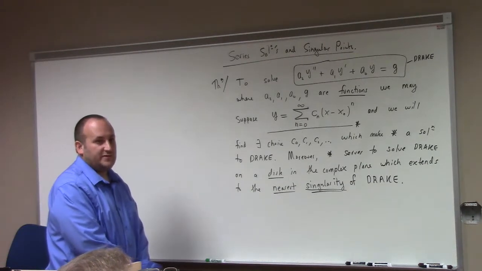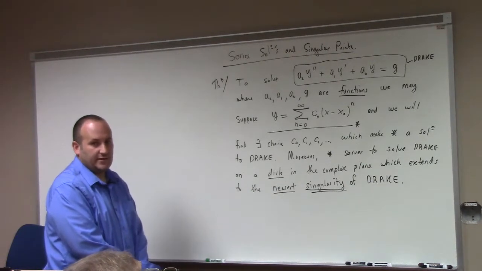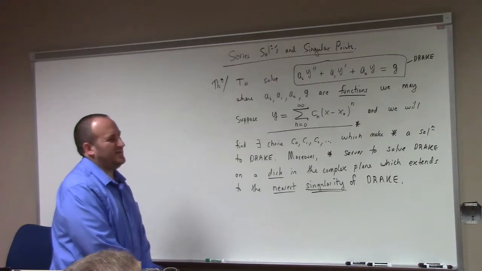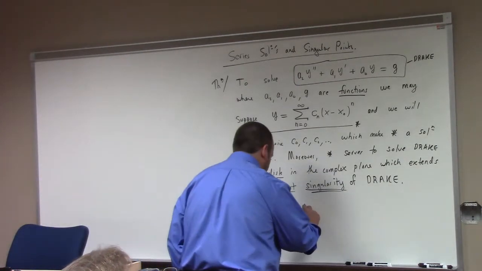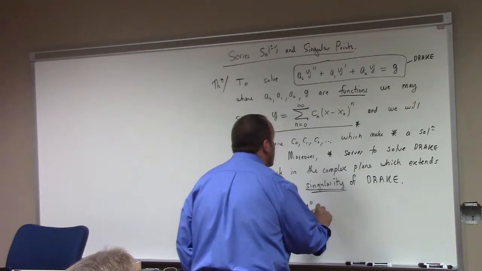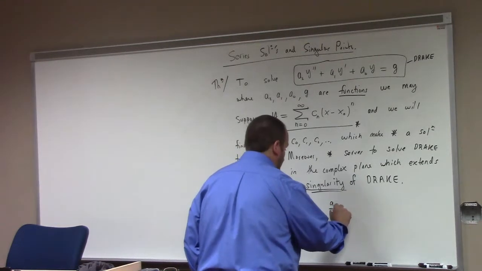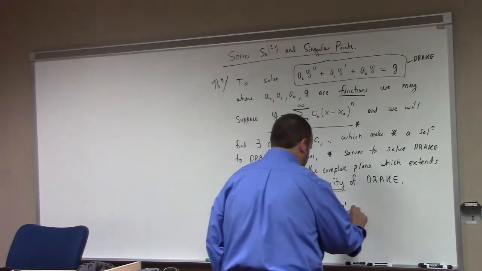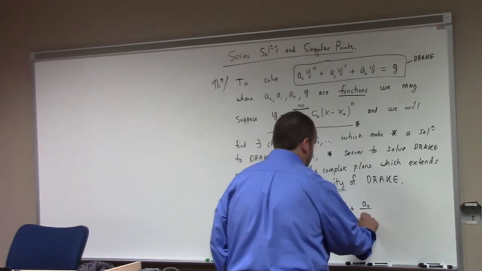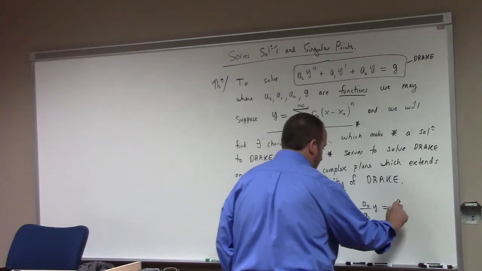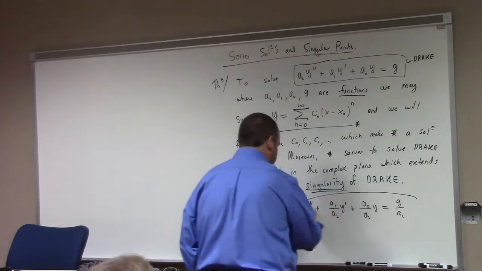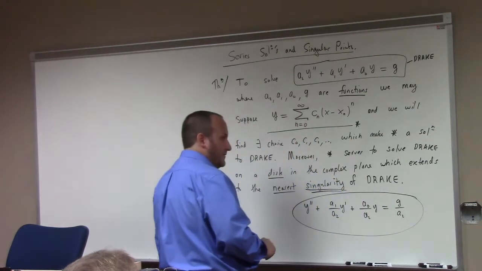If A2 had a first derivative which was 0, I think that's a singularity. It's easier for me to write it this way: y prime prime plus A1 over A2, y prime plus A0 over A2 y equals g over A2.